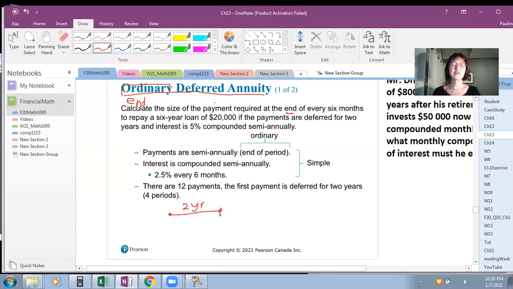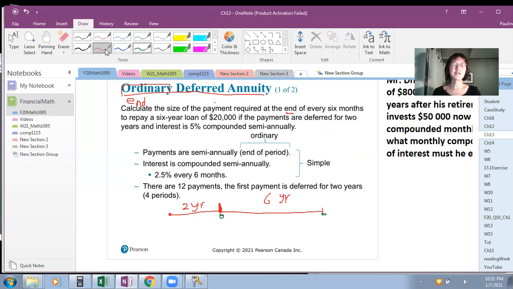After 2 years, you make repayment for 6 years. So the 6 years, from here to here, that is the annuity. Suppose interest is 5% compounded semi-annually.